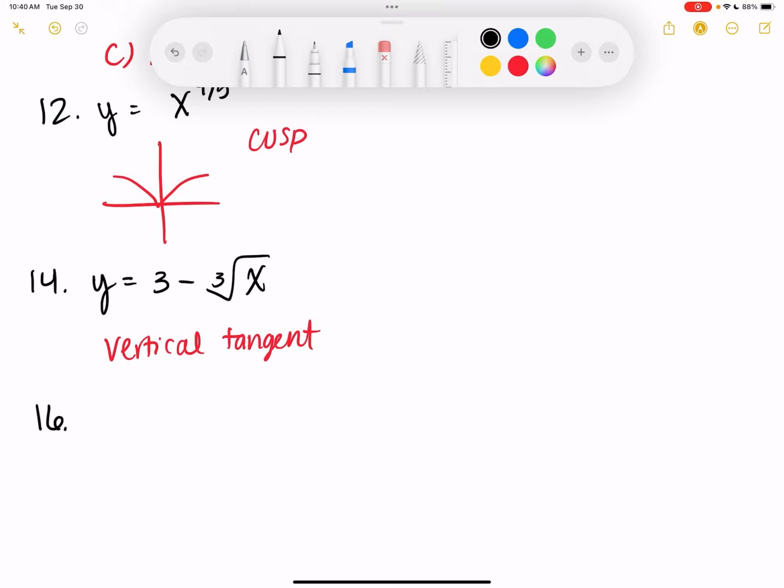And then 16, y equals the cube root of the absolute value of x. And absolute value bars are also under math, under number, so that you can put that in there like that.